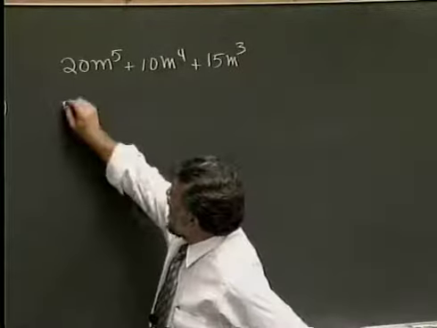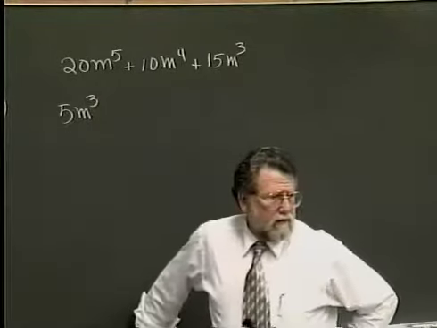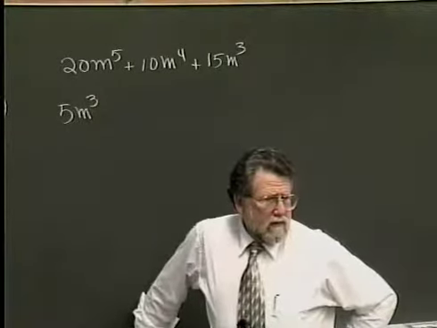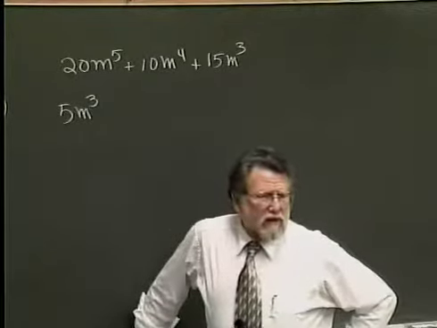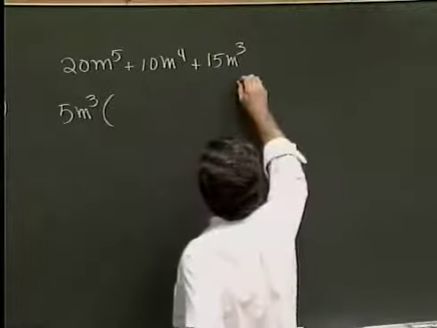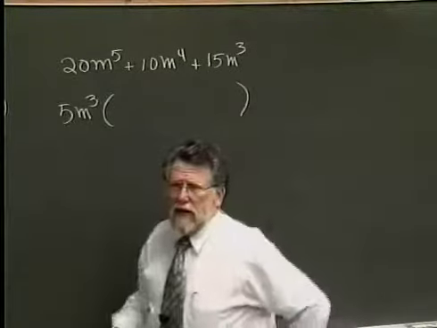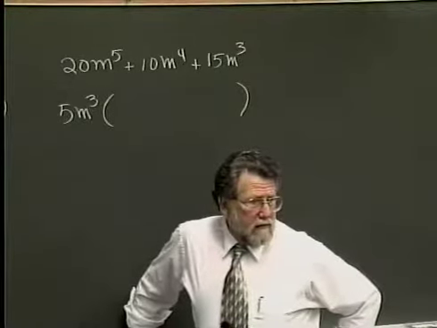So I'm arguing that 5m cubed is my greatest common factor. Now, if I remove that using the distributive property, the question I'm asking, what has to be left? So if I were to multiply, I would end up with the trinomial I had at the beginning.